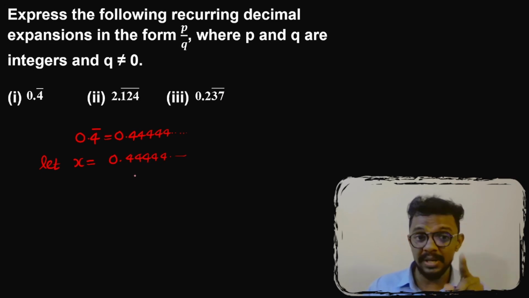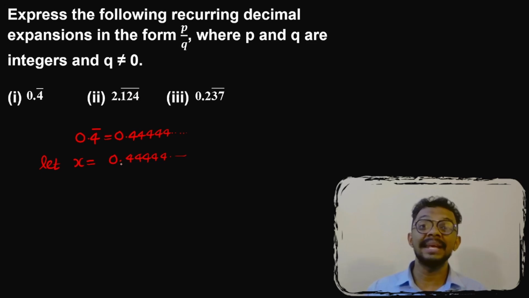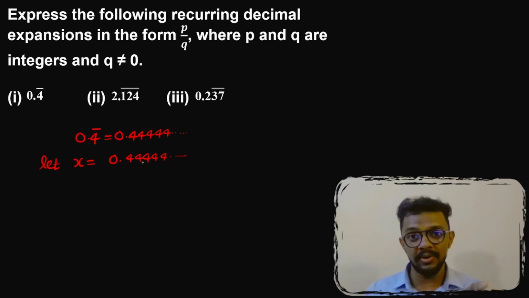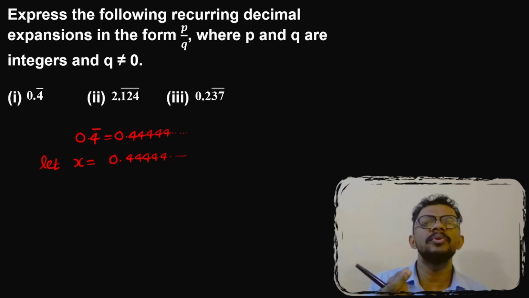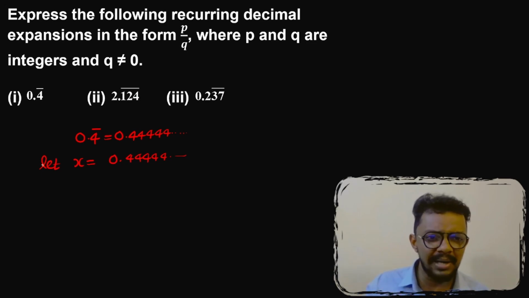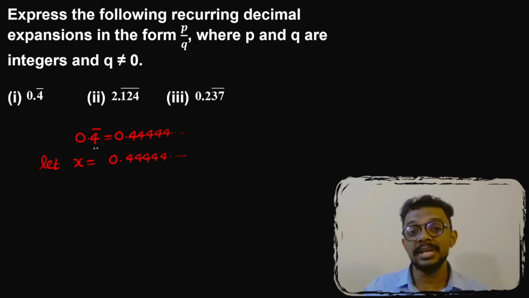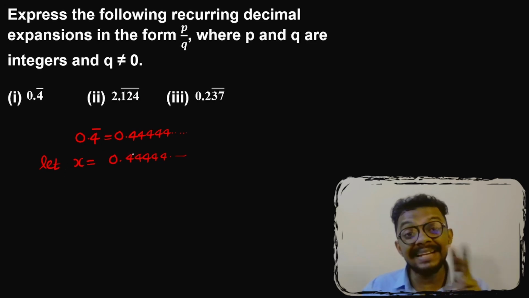So step number 1, let the number be x. Step number 2, check whether the decimal is just before the repeating digits, or whether it is pure recurring. If it is pure recurring, just leave it. If it is mixed recurring, multiplying by a proper number on both sides, we will make it pure recurring.